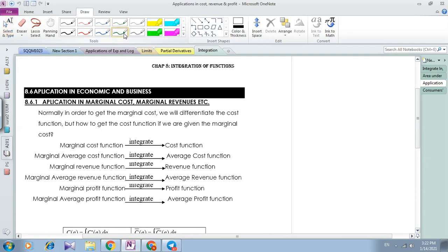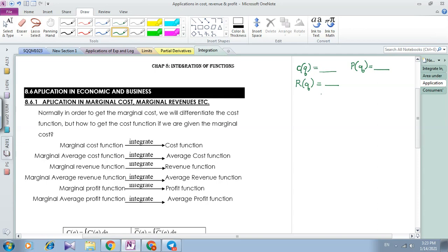For example, we usually denote the cost function using capital C, and for revenue we use R, and for profit we use P. That's what we have learned so far.